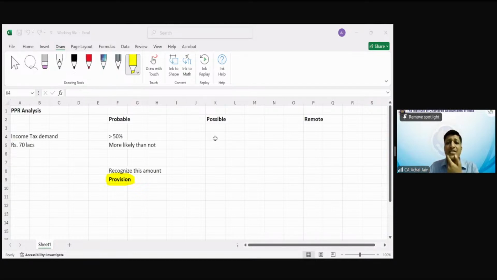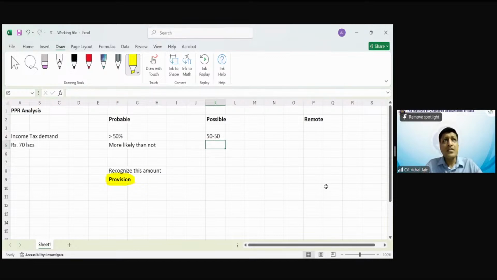See, possible is when it's 50-50. Okay. It can go either way. It's 50-50. It can go either way. Now, sometimes there are some matters, and this is something which you very, very commonly see.